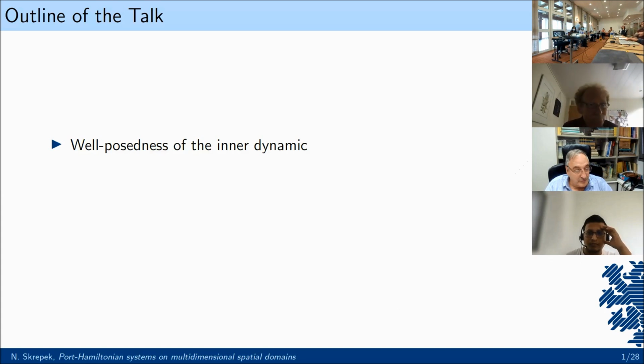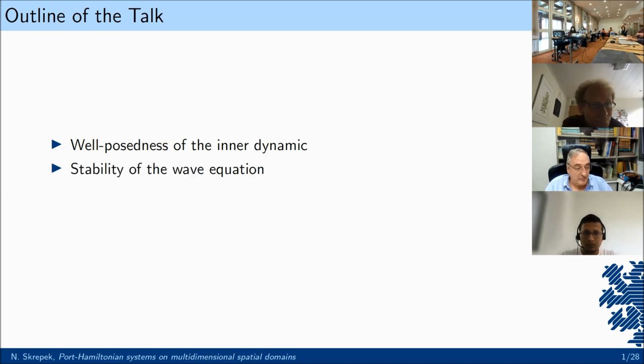First of all, I was working on the well-postedness of the inner dynamics of a Port-Hamiltonian system, and then I was working on stability or stabilization of the wave equation in this framework, and finally I will present some compactness results.